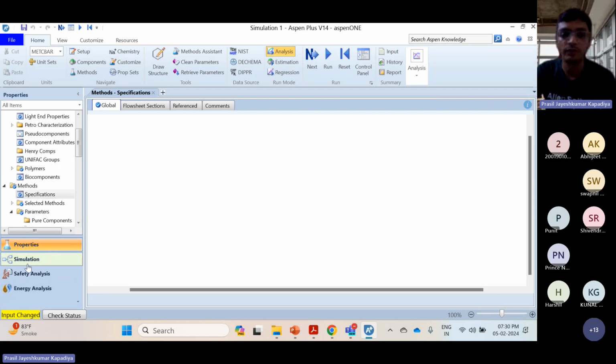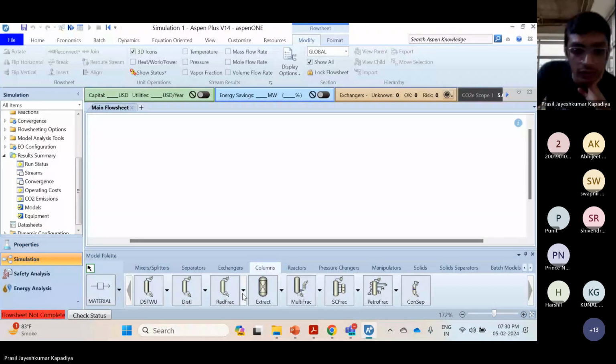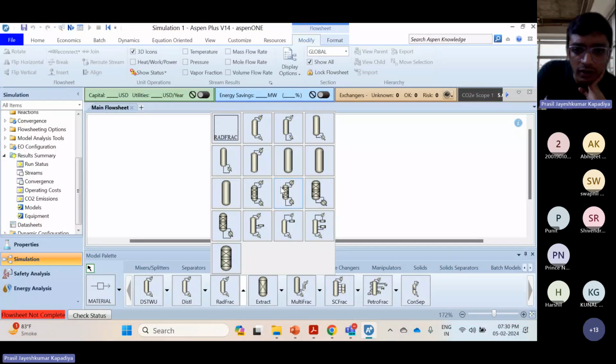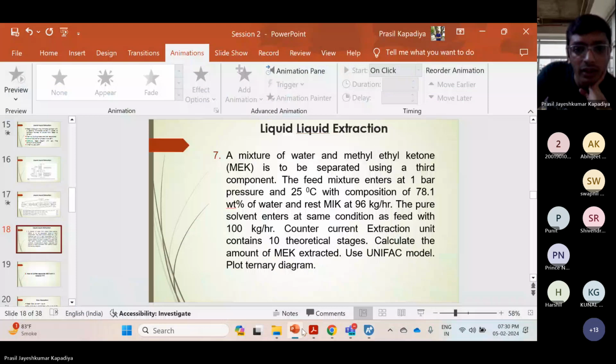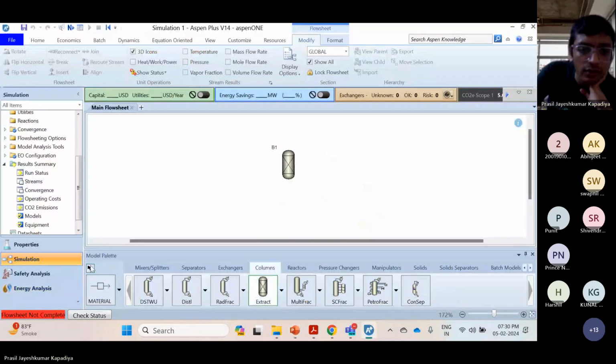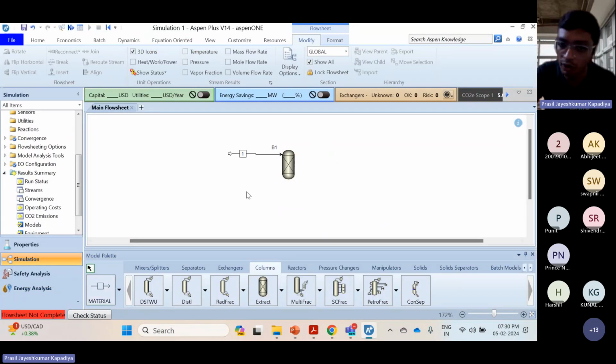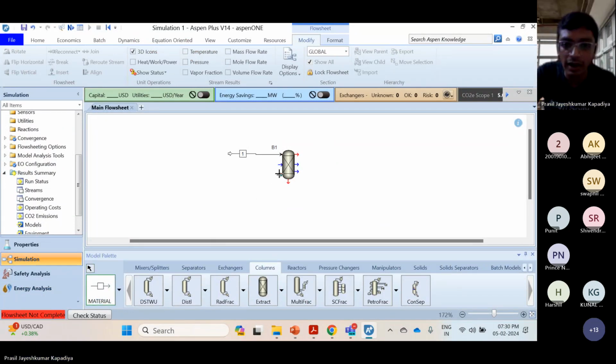Okay. Now let's add. Yeah, from here only. I guess it's this unit only. Extract. One feed will be water plus MEK and other will be solvent.